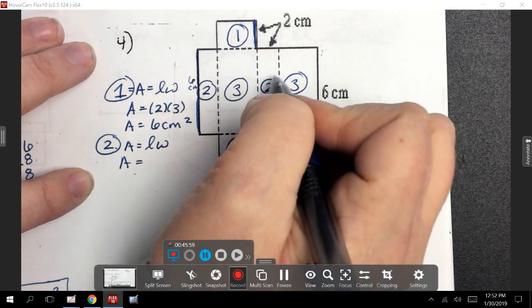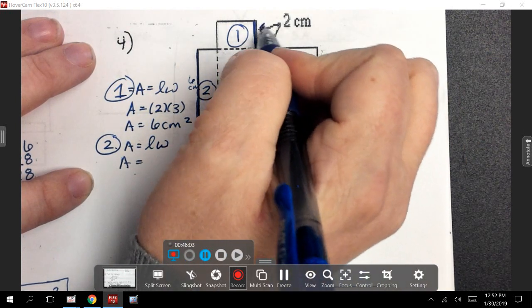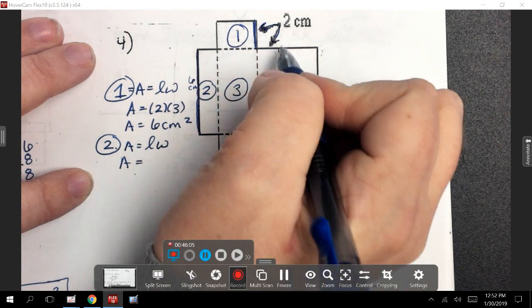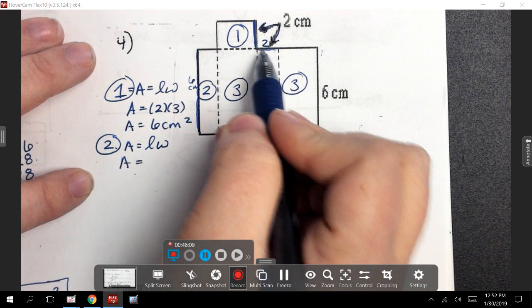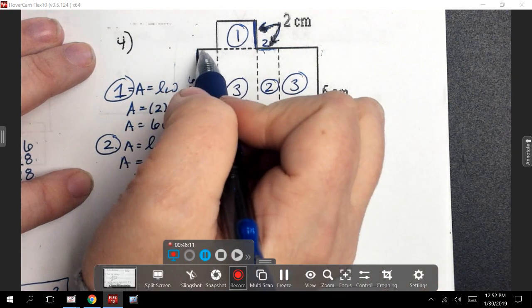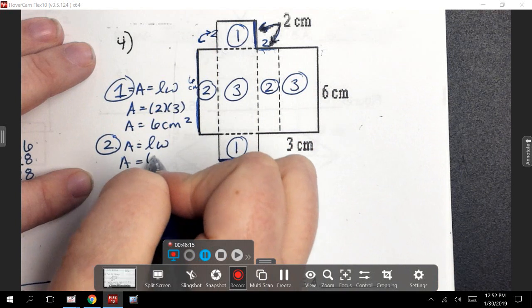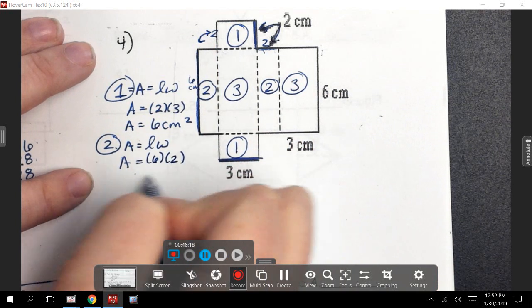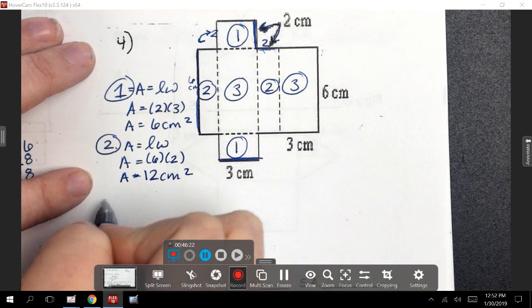On this rectangle, if I look at that rectangle over here, I can see the 2 is pointing. And remember, this is where that folds together. So that's kind of like my folding line. So I'm going to have a 2 on this top, the skinny part. And of course, it would match on this side as well, and those would fold together. So I'm using my 6 for the long part and 2 for the short part. So my area equals 12 centimeters squared.